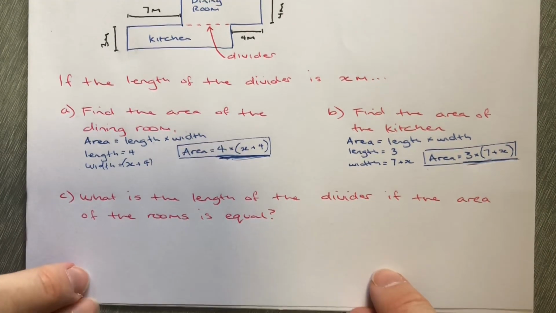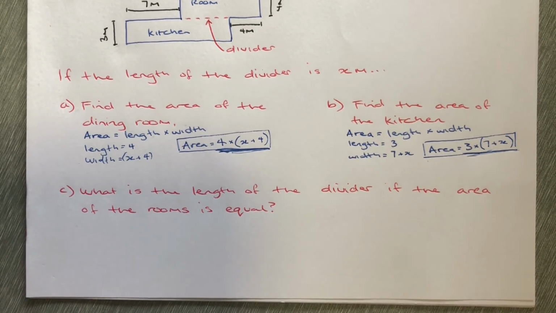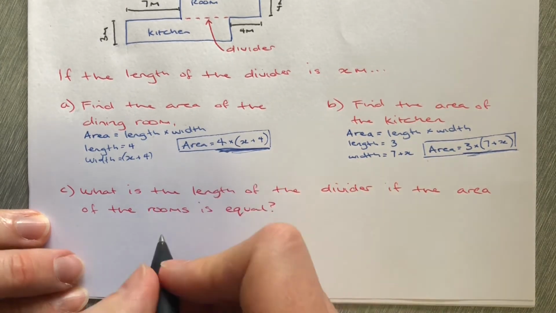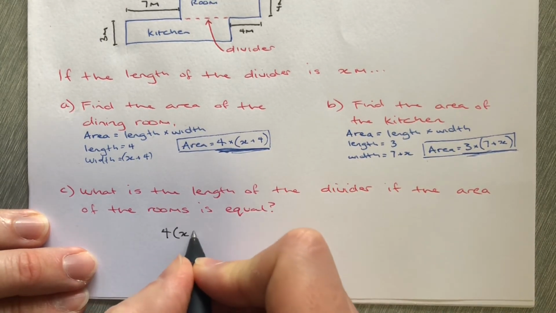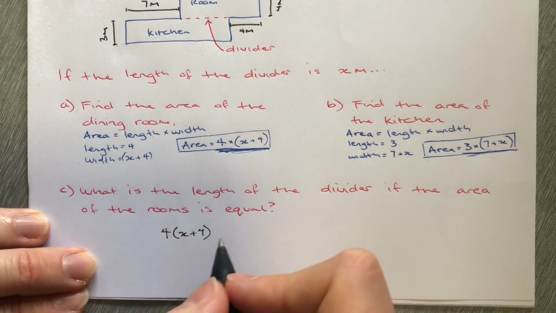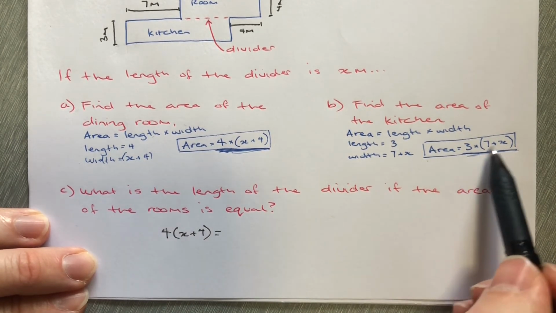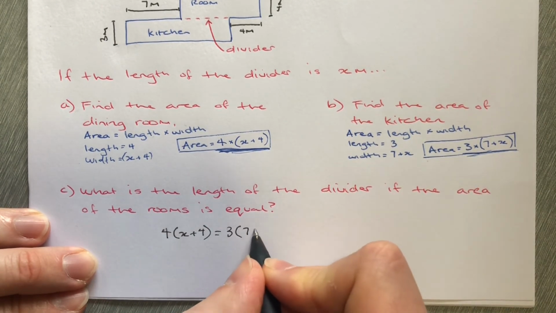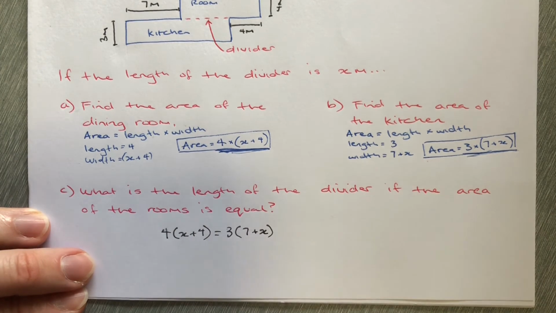Okay, so it says again, what is the length of the divider if the area of the two rooms is equal? So the areas of the two rooms need to be equal. So this area, 4(x plus 4), has to be equal to the area of the other room, which was 3(7 plus x).